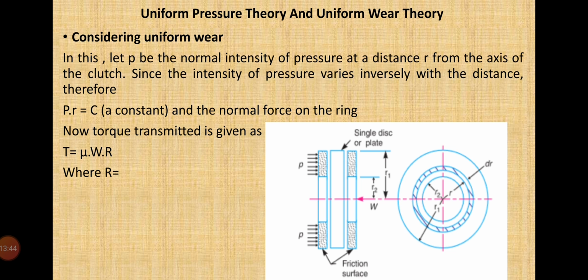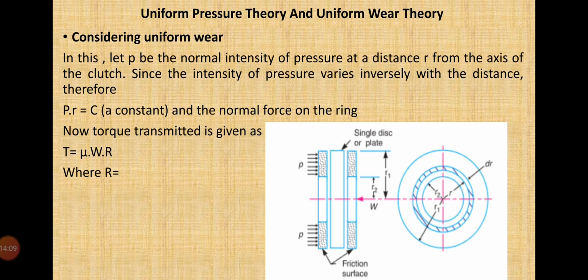In this, let P be the normal intensity of pressure at a distance r from the axis of the clutch. You can see here, this is the center of the disk. Now we can say, according to wear theory, P into r is equal to C. That means pressure is inversely proportional to r, where C is the constant. Now, what is the torque transmitted?